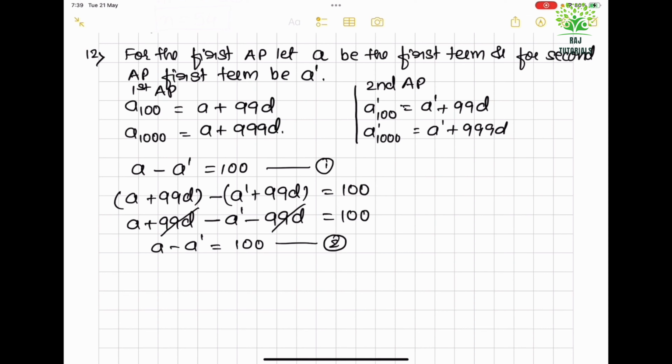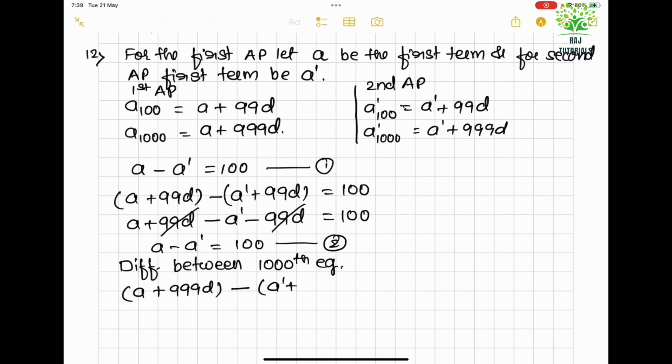I got this second equation. Now difference between 1000th term. See, 1000th term for the first one was a plus 999d, and for the second it was a dash plus 999d.